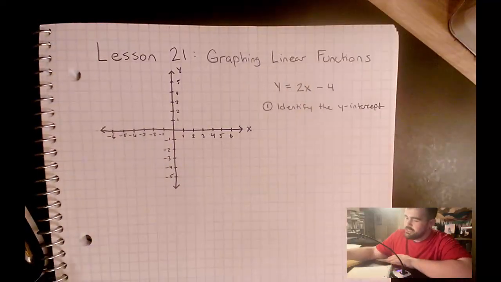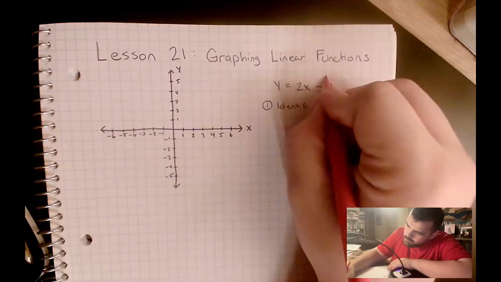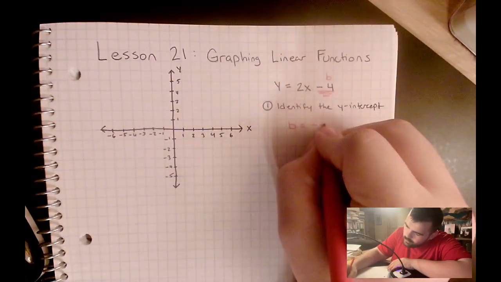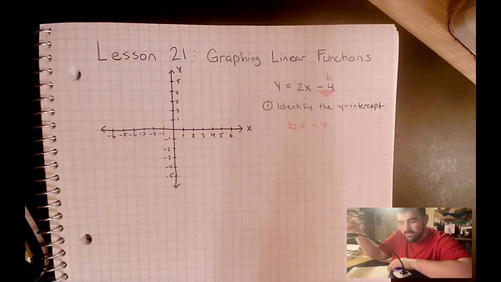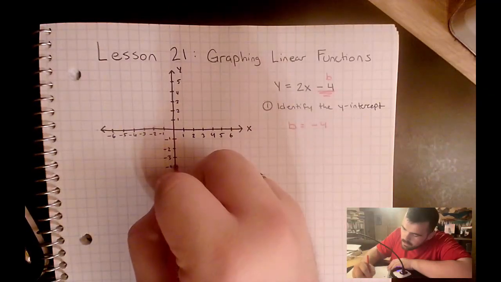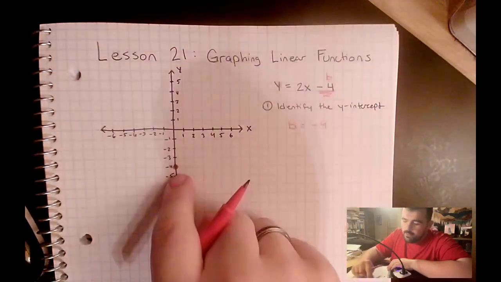The y-intercept is just this number hanging out back here. So b equals -4. Once we've identified b, -4, just find -4 on the y-axis and plot it. Make sure you're plotting that first number on the y-axis.